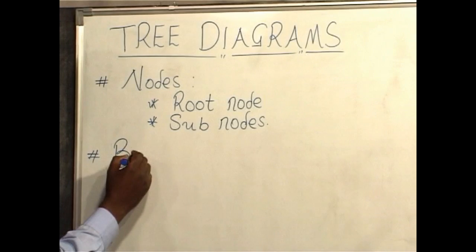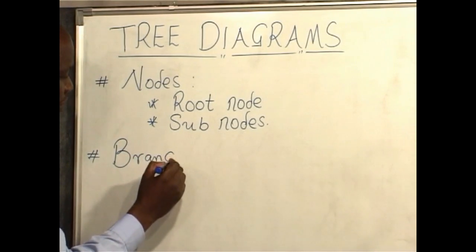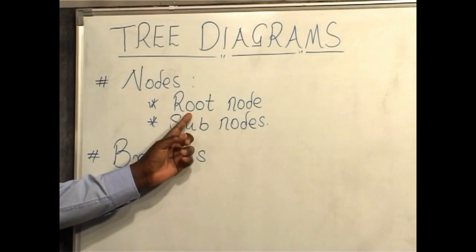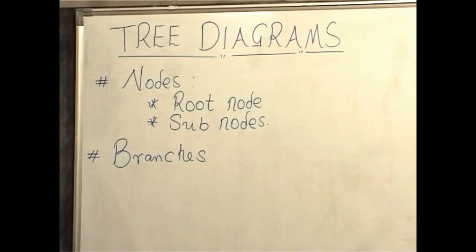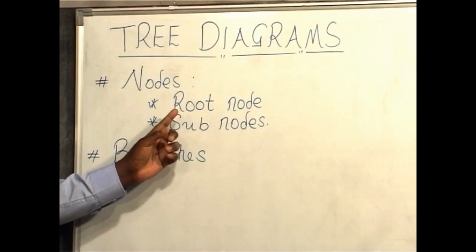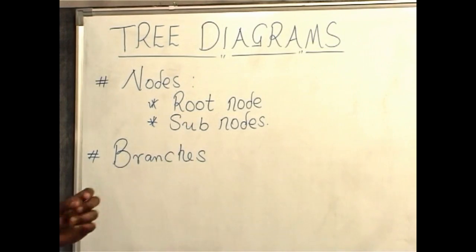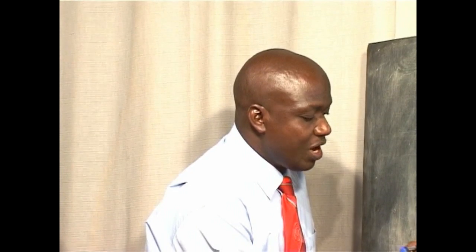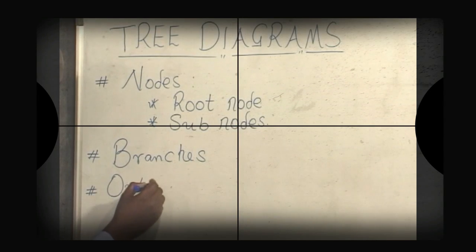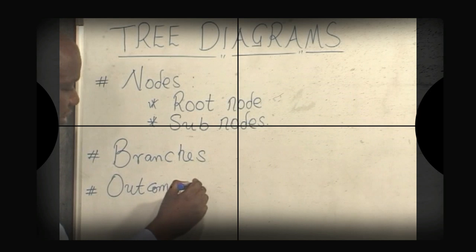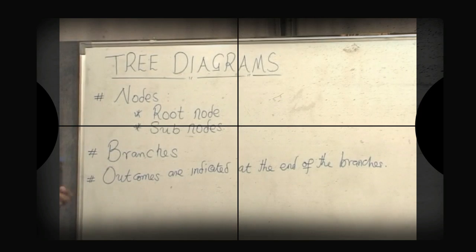And the outcomes for any particular branch are written at the end of the branches.